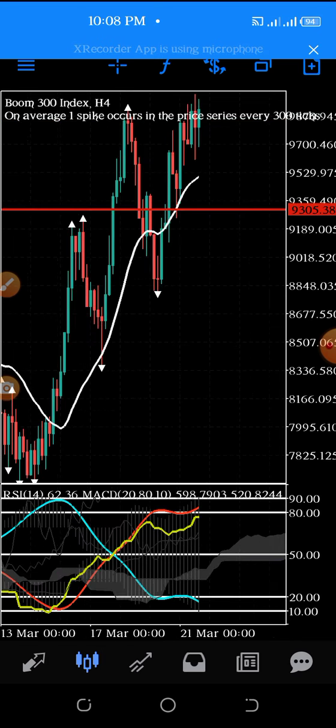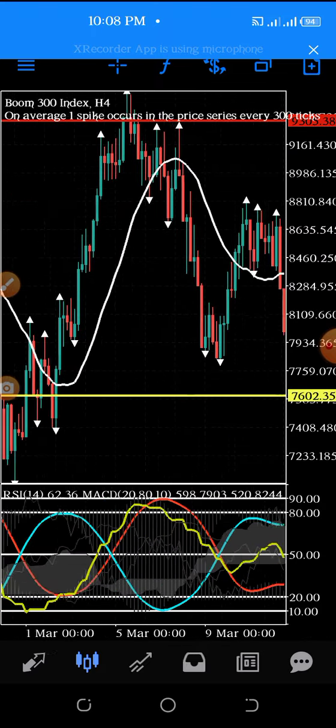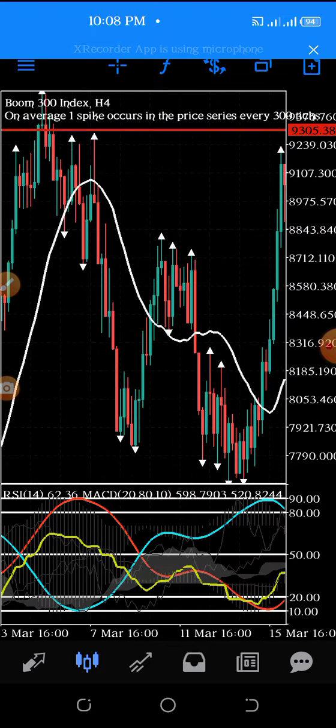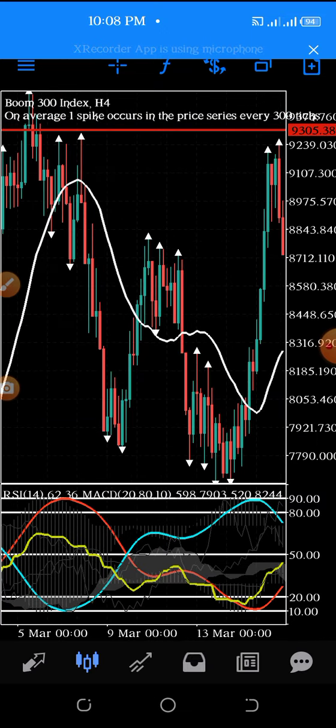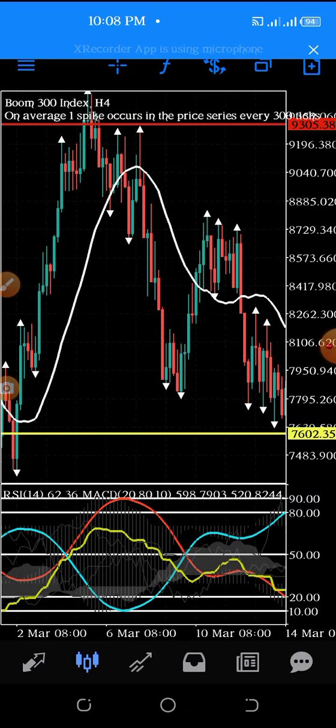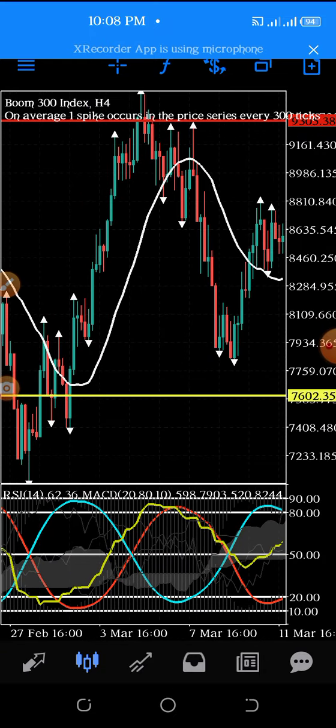The red line up is the resistance level. Then the yellow line down is the support zone or support level.